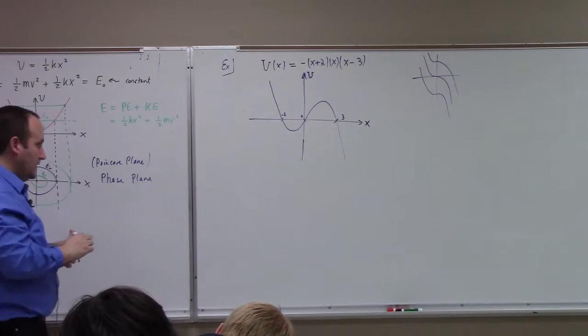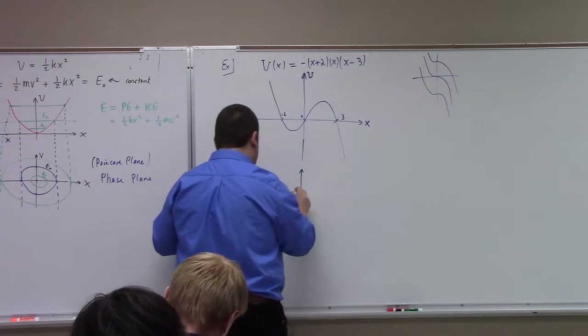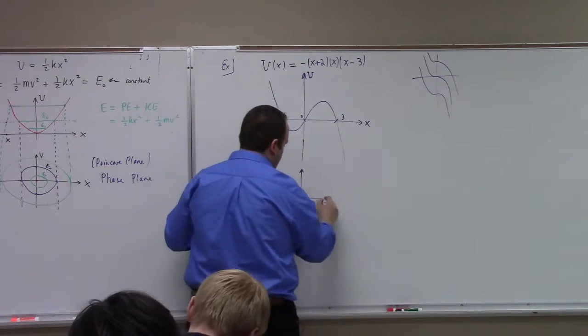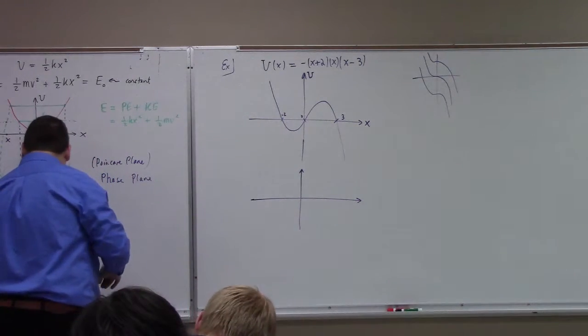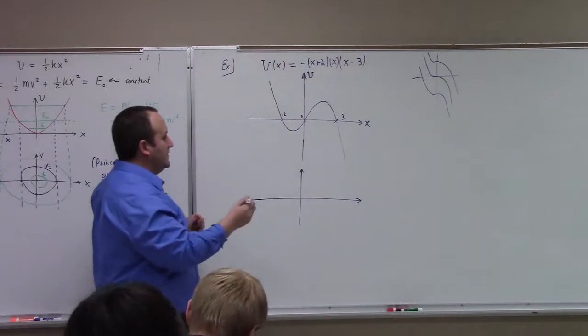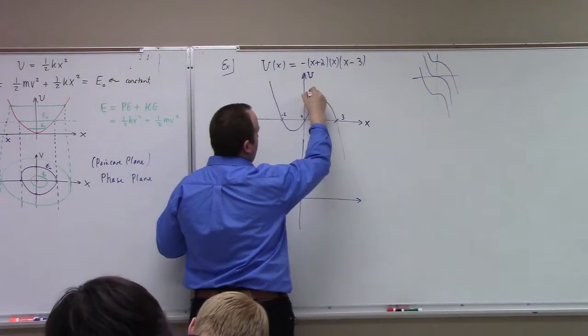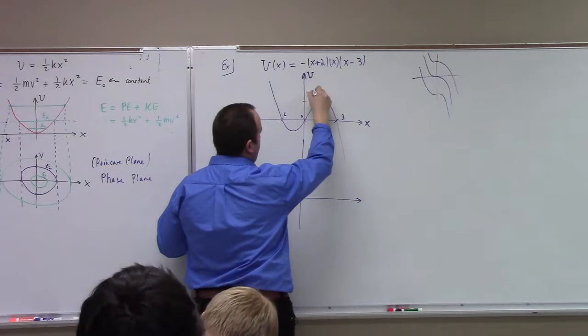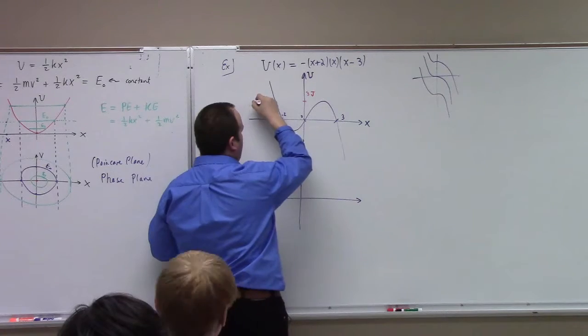Okay, so then I can say, what are the possible motions? If that's the potential energy for the system, what are the possible motions of the system? In particular, I can ask a very specific question. Let's suppose that this is like 3 joules, just to be a little bit more quantitative here. This is the 3 joule level.